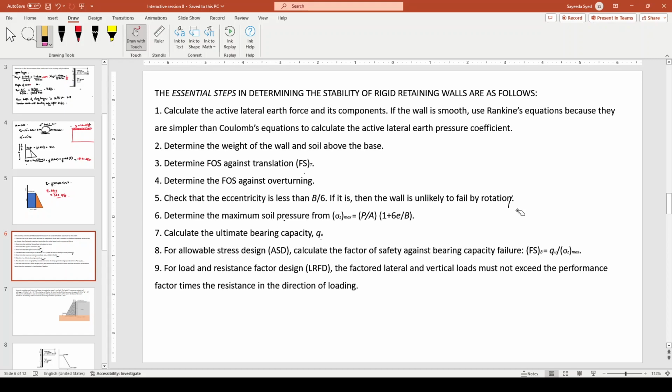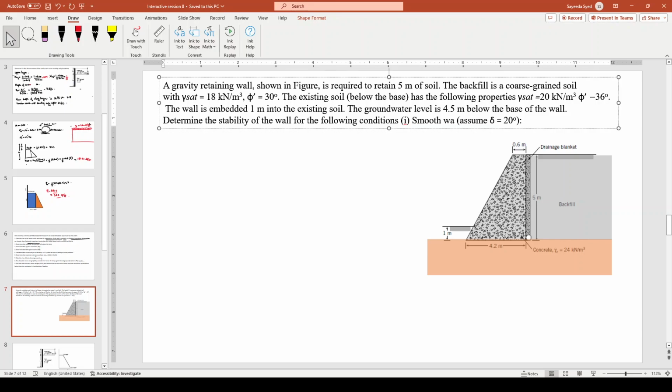We have to calculate conditions for one smooth wall or rough wall. Okay. Here we will have delta equals to 0.